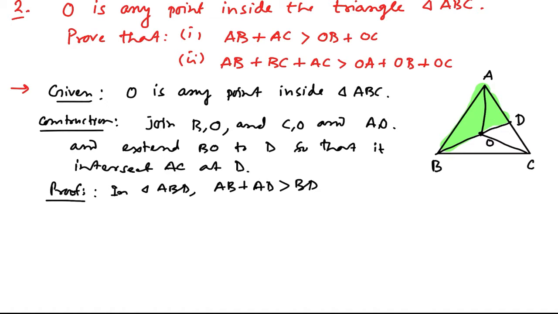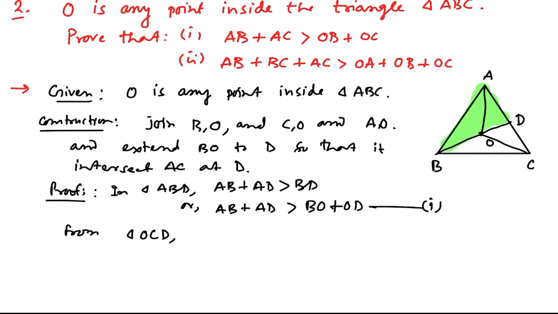Or we can write here, AB plus AD is greater than BD, and we can write BD as BO plus OD, okay. This is 1. Similarly, from triangle OCD, which one is OCD?